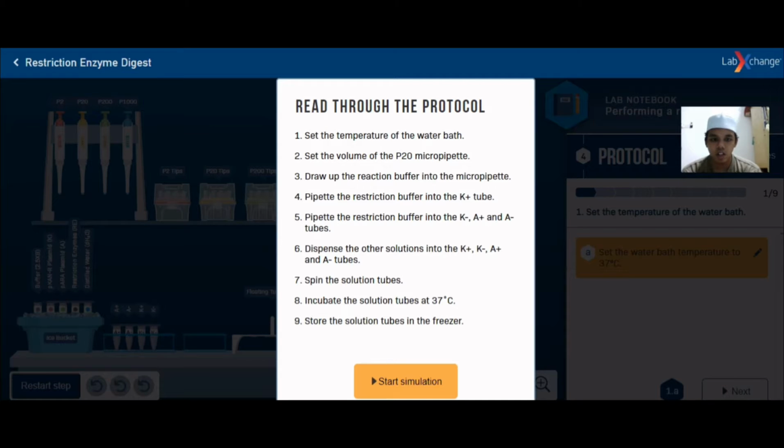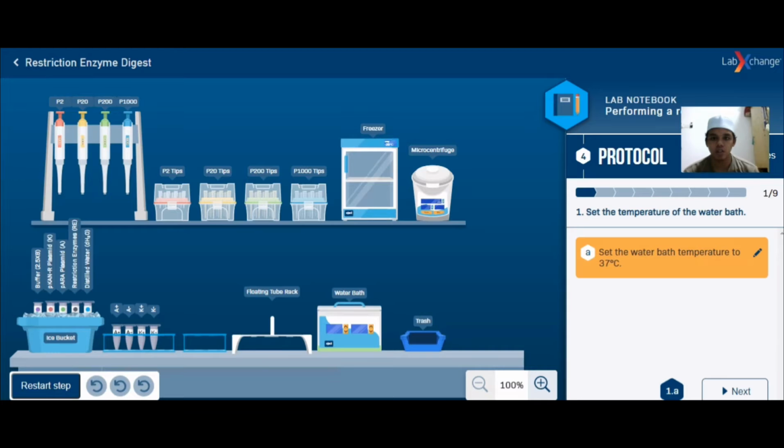Sixth, dispense the other solutions into the K plus, K minus, A plus, and A minus tubes. Seventh, spin the solution tubes. Eighth, incubate the solution tubes at 37 Celsius. And the last step is to store the solution tubes in the freezer. So we will start the simulation.